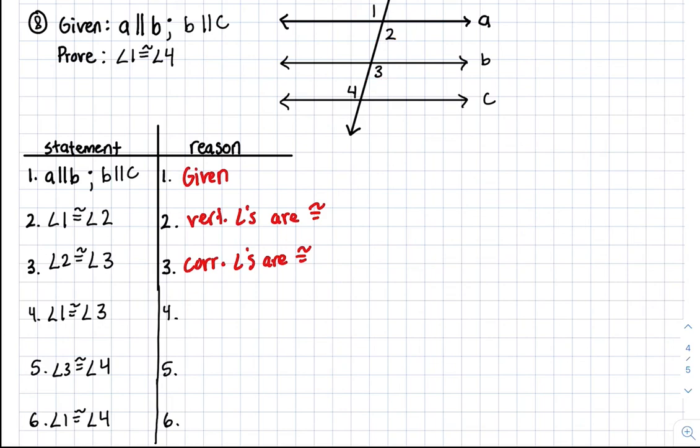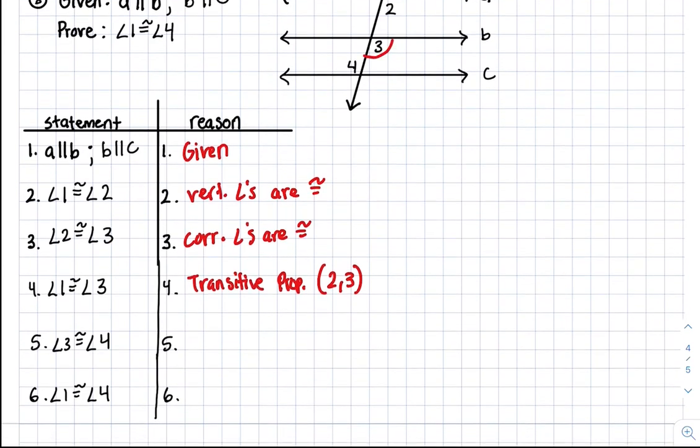Now it says 1's congruent to 3. Well, if angle 1 is congruent to angle 2 and angle 2 is congruent to angle 3, then that means angle 1 must be congruent to angle 3 by the transitive property. And that is from lines 2 and 3, right? These two statements. Next, it says angle 3 is congruent to angle 4. Why?